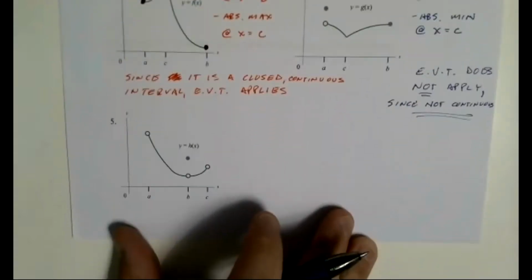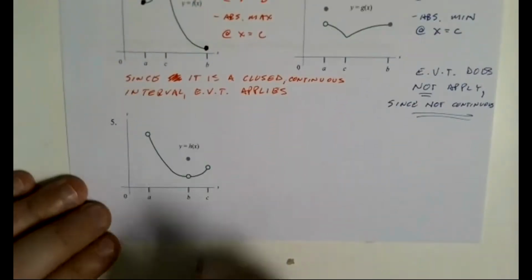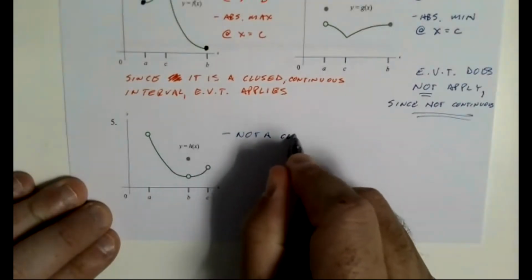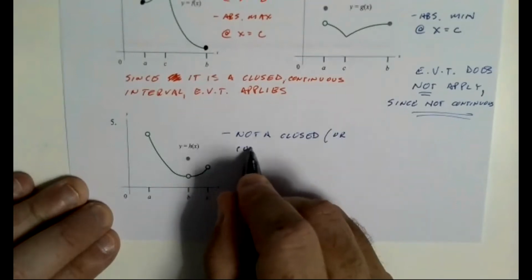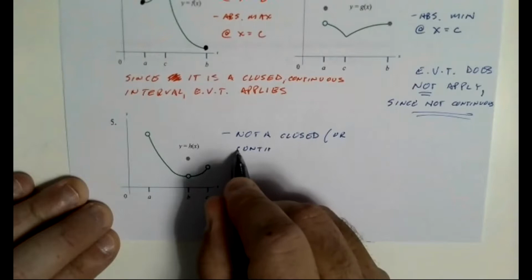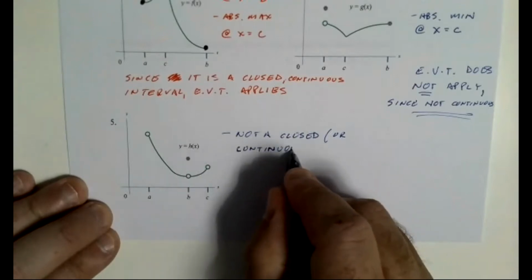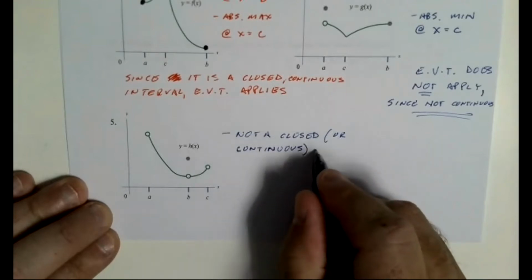All righty. Over here, we have not a closed or continuous interval. Although in this case, I don't really care as much because it's not closed, so we're out of luck anyway.